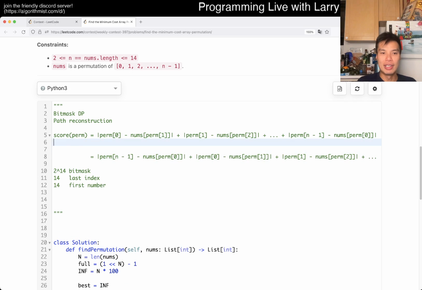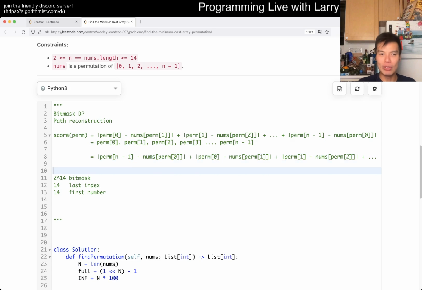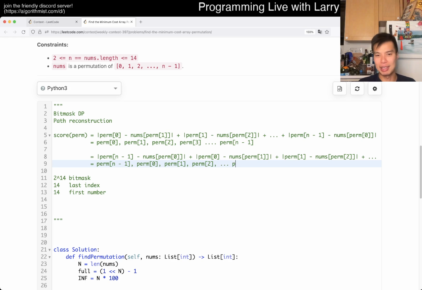So here, the permutation array is going to be perm0, perm1, perm2, perm3, ... perm n-1, right? And here, if you write it out, the permutation is just perm n-1, perm 0, perm 1, perm 2, ... and then perm n-2, I guess, right? So what does that mean to us?